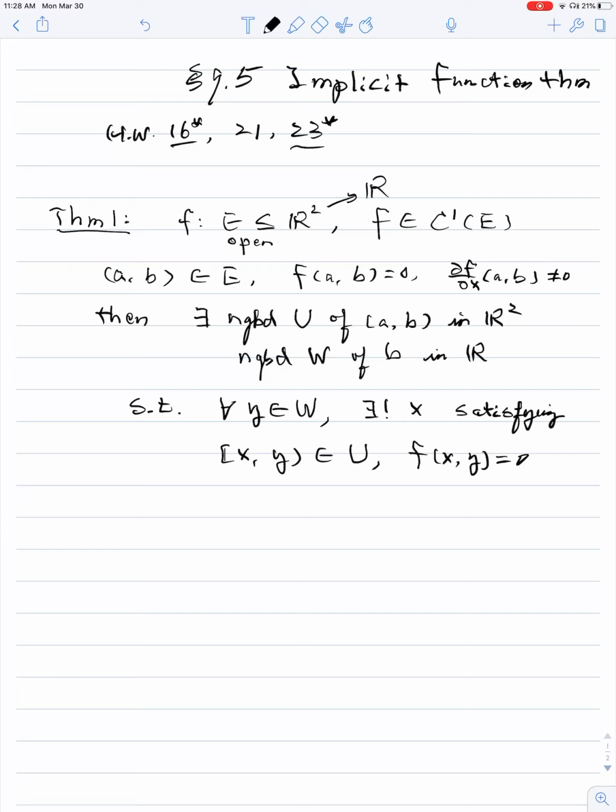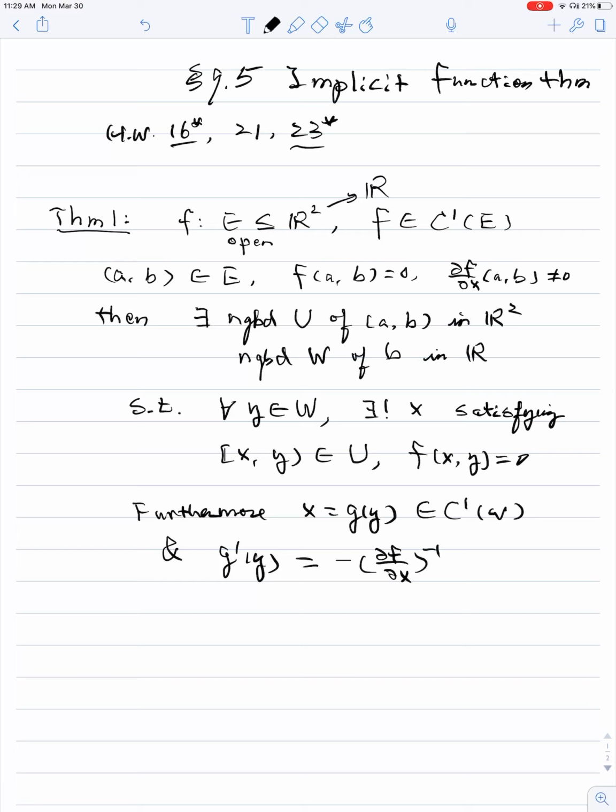I will explain it a little bit later. Furthermore, if we write x equals g(y), this g is unique, is in C1(W), and the derivative of g is negative of the reciprocal of the partial derivative of f with respect to x, times the partial derivative of f with respect to y.